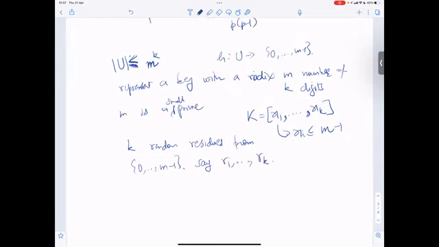Now your hash function h sub r1 till rk of x is just the summation of xi ri, with i equal to 1 to k, modulo M. Correct? Are you with me?